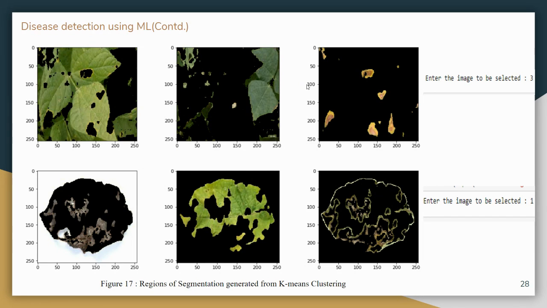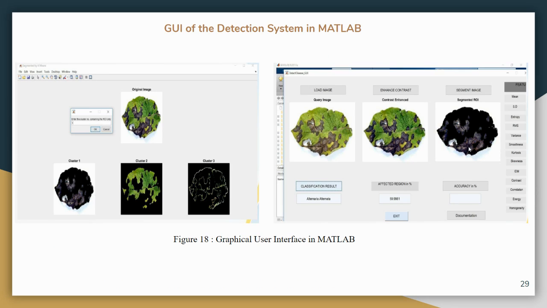We can see from the three images that this part of the image gives us the region of interest, as this demonstrates the disease part, and in these three images, the first image is demonstrating the disease affected part, and thus we select the respective photos.